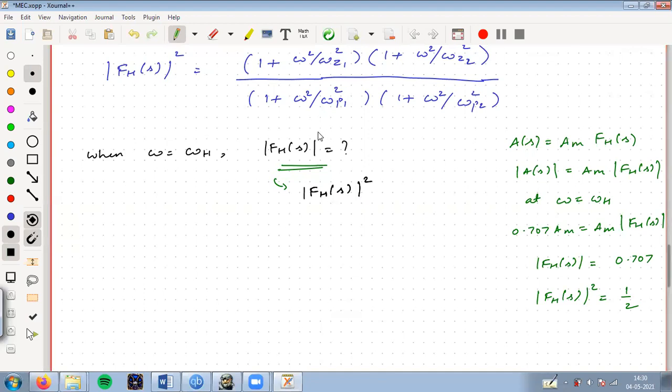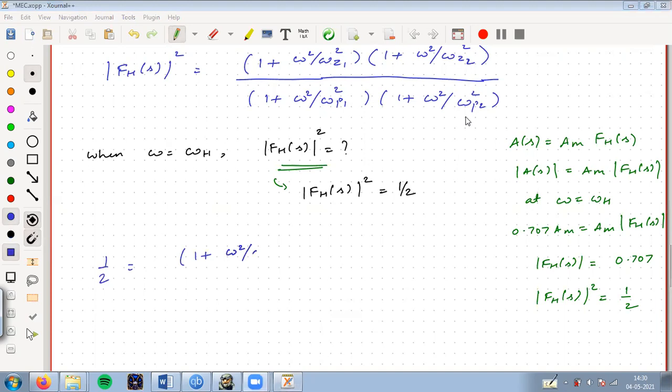Understood this? So at omega equal to omega h, the squared magnitude of fh of s is actually half.